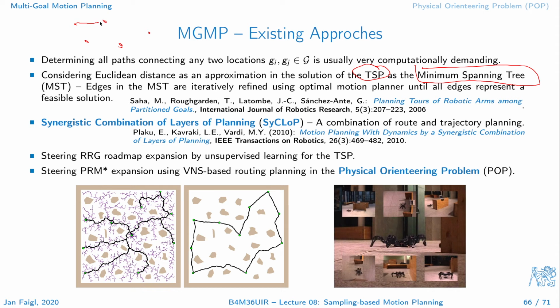Now we have the MST-based solution of the TSP, and we ask for the optimal solution of the motion planning problem, which will provide paths avoiding obstacles.